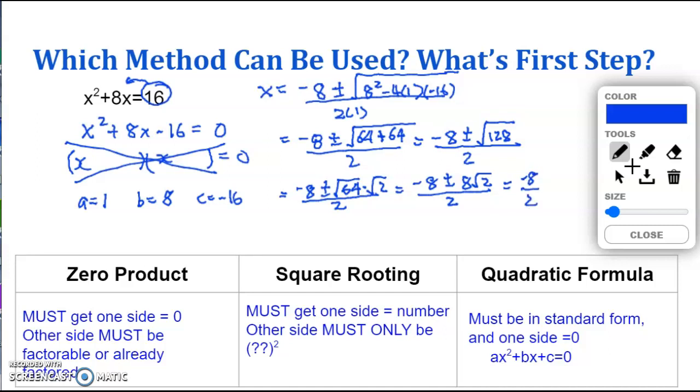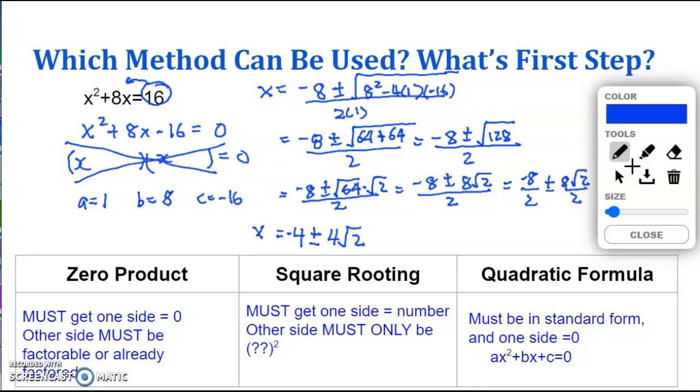I can divide each of the terms separately. Plus or minus 8 root 2 over 2. So that simplifies to negative 8 divided by 2 is negative 4, and plus 8 divided by 2 is 4 root 2. So that's my x value.